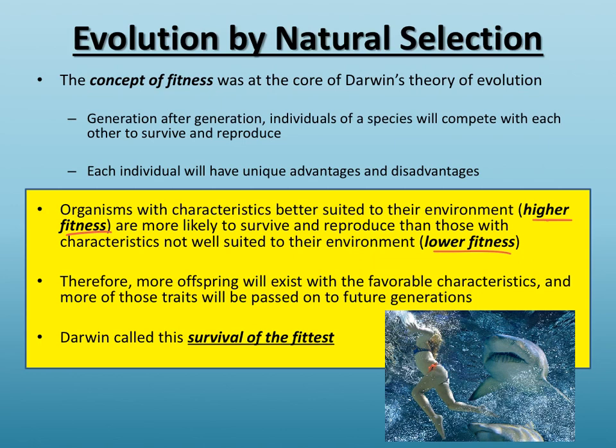So if the higher fitness organisms are the ones that survive, they are the ones that will reproduce, and more of that trait will be present in the future generation. So over time, our whole population, our whole group of organisms, becomes more like the ones that are surviving successfully. And that's why Darwin calls this survival of the fittest.